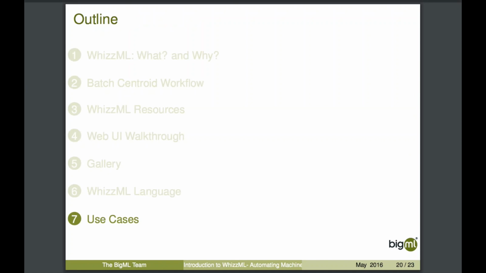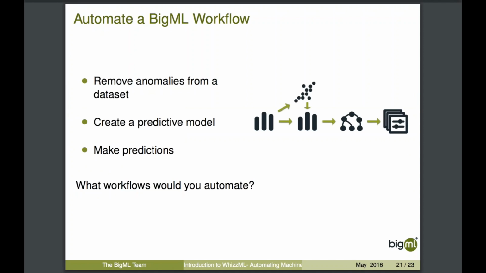So finally, to wrap it up, let's talk about some really basic use cases. We want to present this to get everyone thinking about how they can use WhizzML to make their lives easier. What are some basic workflows that I do a lot that I'd really like to automate?